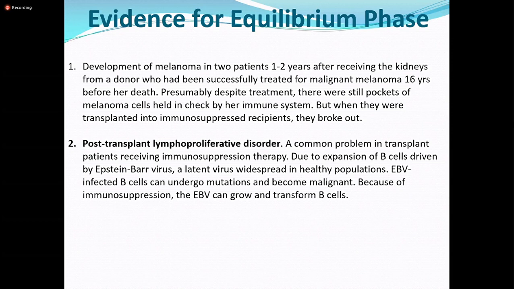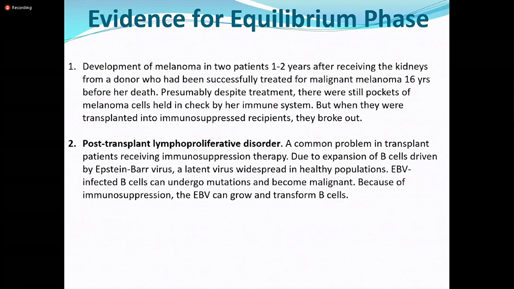The other observation is that a relatively common occurrence in people who are receiving immunosuppressive therapy is that they develop B-cell lymphomas. These are mainly due to this herpes virus, Epstein-Barr virus, which can infect normal B cells and then modify them into what we call immortalized cells.